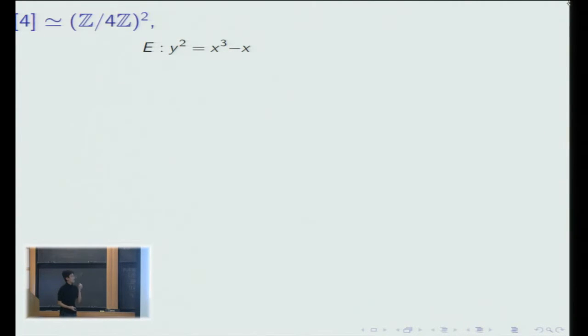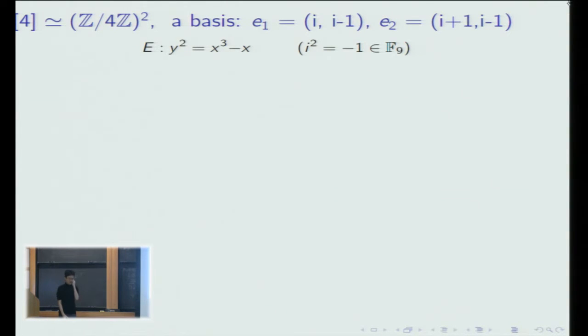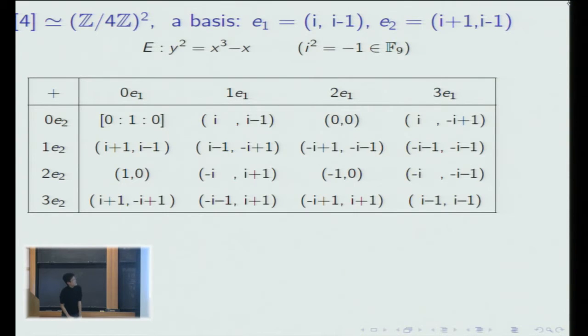The next thing you can do is look at the 4-torsion. I can't draw a picture of the 4-torsion anymore, but I can give you a basis for these elements, and this i is a square root of -1 inside the field of 9 elements. So here is the group that is the 4-torsion on my elliptic curve.